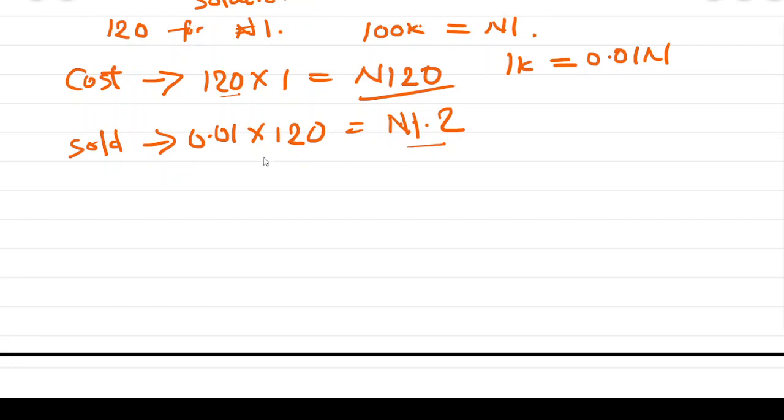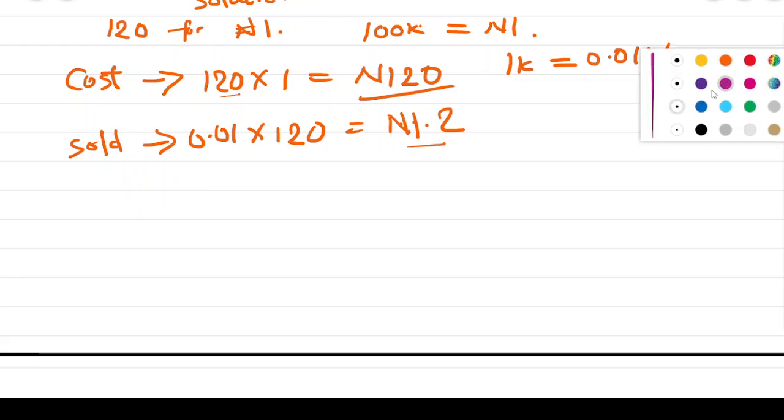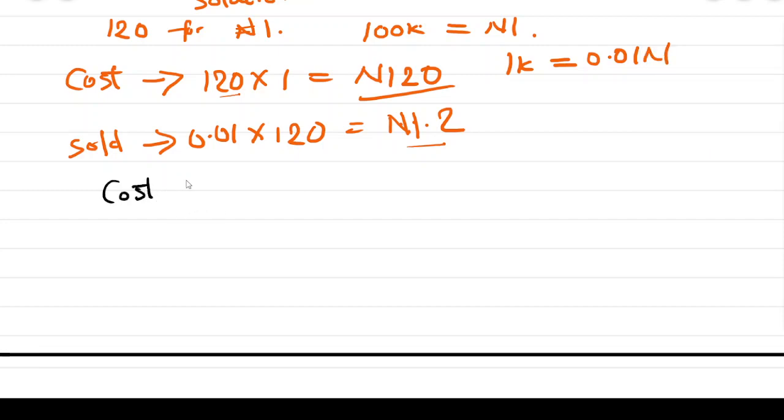So let's see. The cost here is 120 naira, and then you sold it at a selling price of 1.2 naira. So you actually did a loss here.